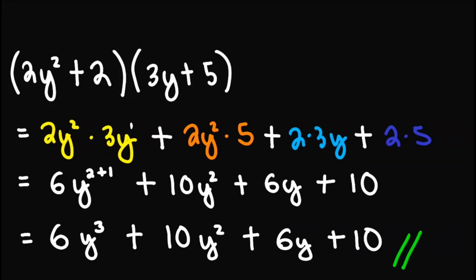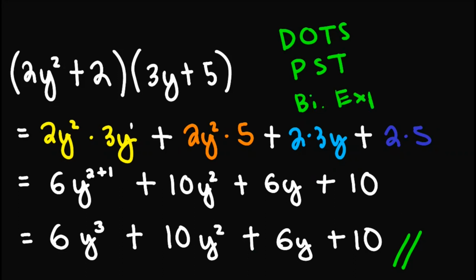And so that is how we multiply binomials and apply the FOIL method. In the next videos, we are probably going to be focusing on some special products, such as the difference of two squares, the perfect square trinomial, and the binomial expansion.